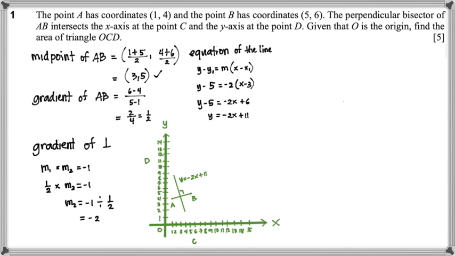C is the x-intercept, and D is the y-intercept. In order to find that, we use y equals negative 2x plus 11.